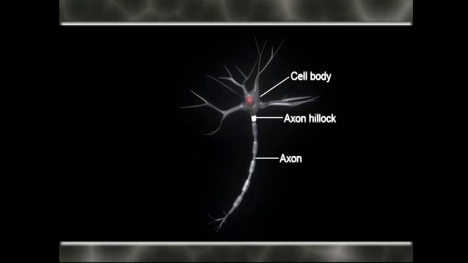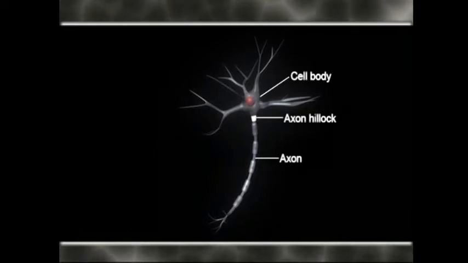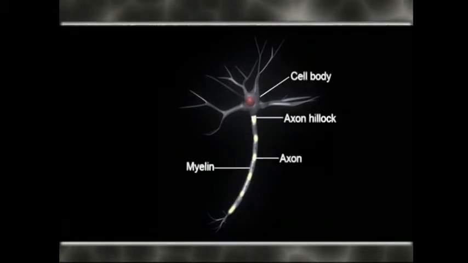So an electrical signal is generated here at the axon hillock, and it's going to be propagated down the axon in what we say is an all or none fashion. So what this means is that the signal does not degrade, so it's all or none. The all or none signal will travel down the axon in a particular way. It jumps basically from node to node in between the myelin wrappings.